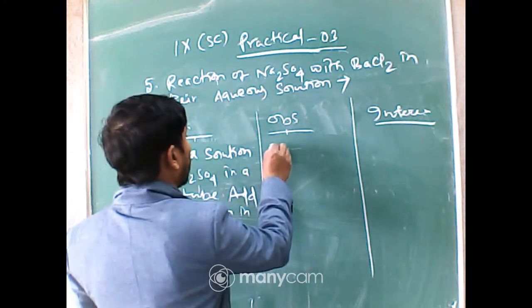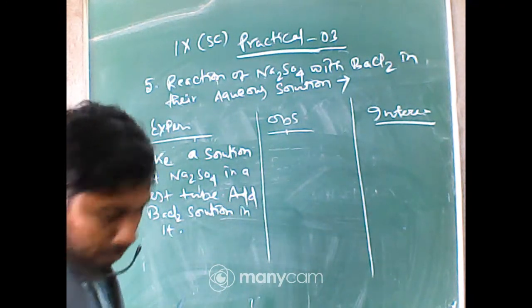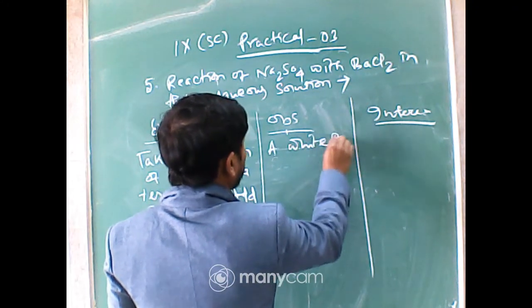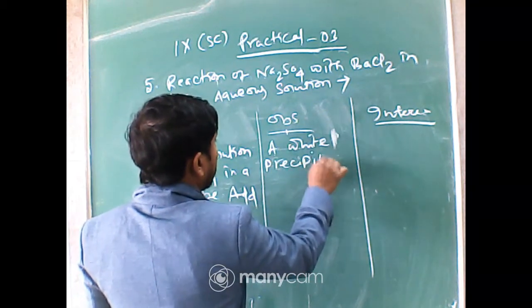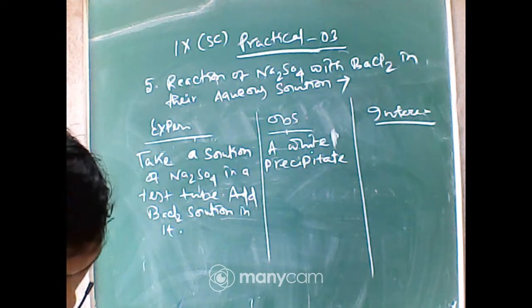So in the observation column you will write: a white precipitate will appear.